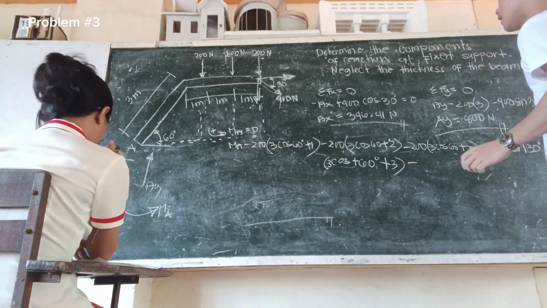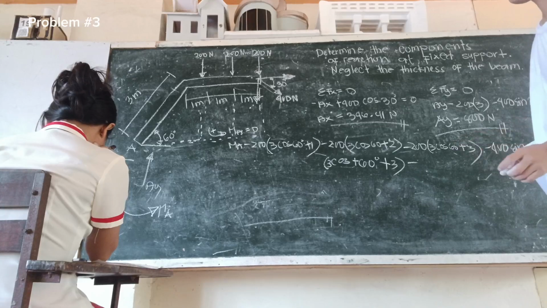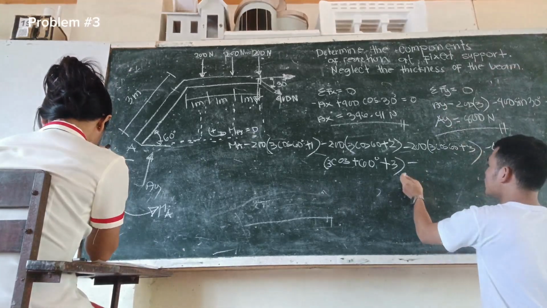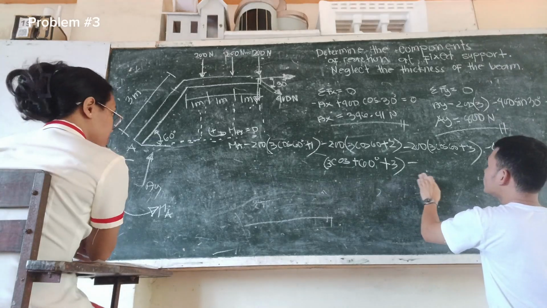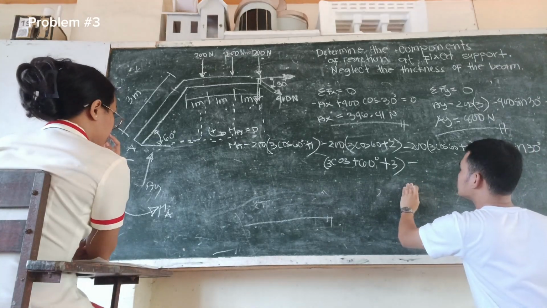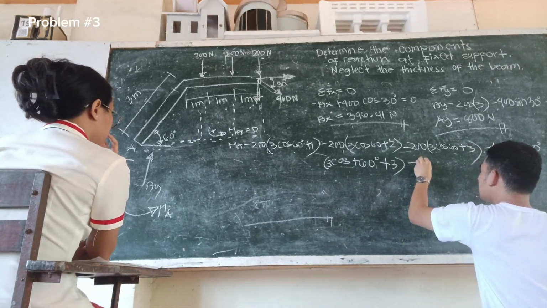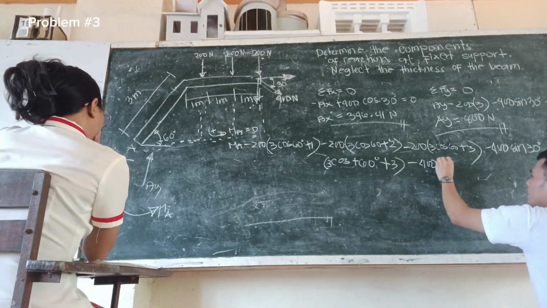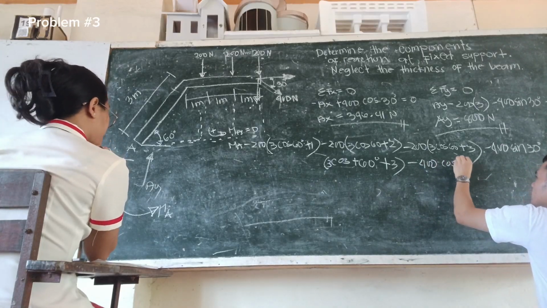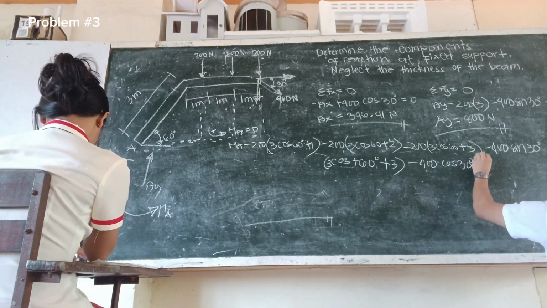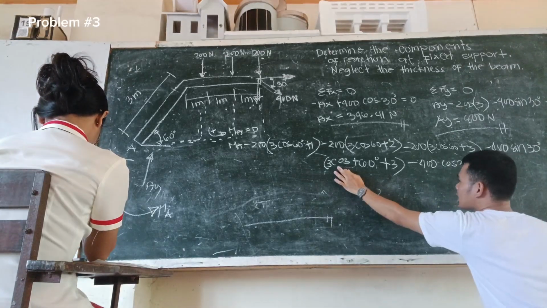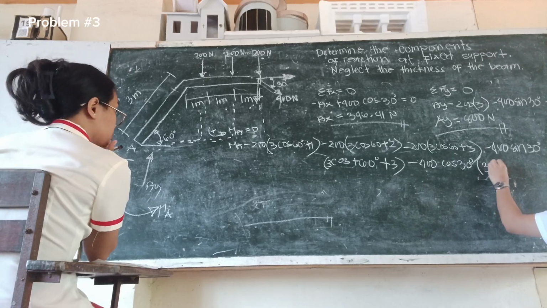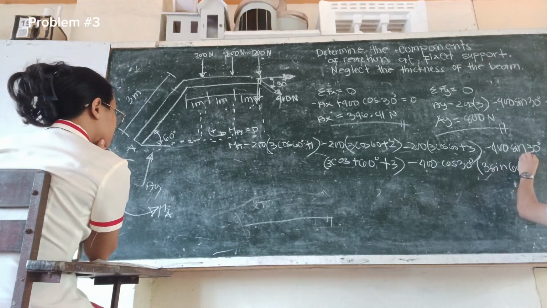Now for the component of x, negative 400, this side 30 will become cos 30 degrees times 3 sine 60 degrees.